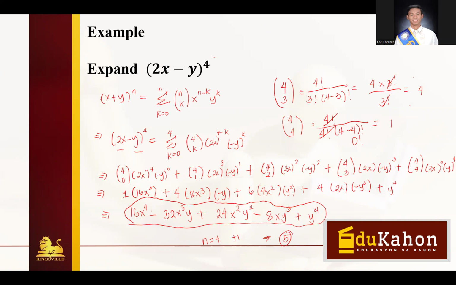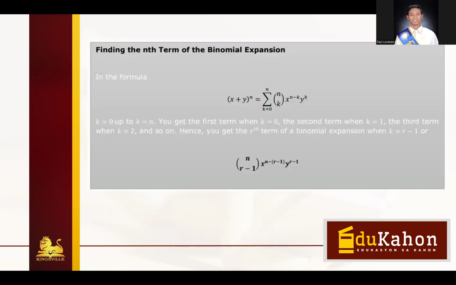Next, let's proceed with the nth term of the binomial expansion. Okay, so in the formula, the quantity x plus y raised to n is equal to the summation of n taken k times x raised to n minus k times y raised to k, from k equal to 0 to n.